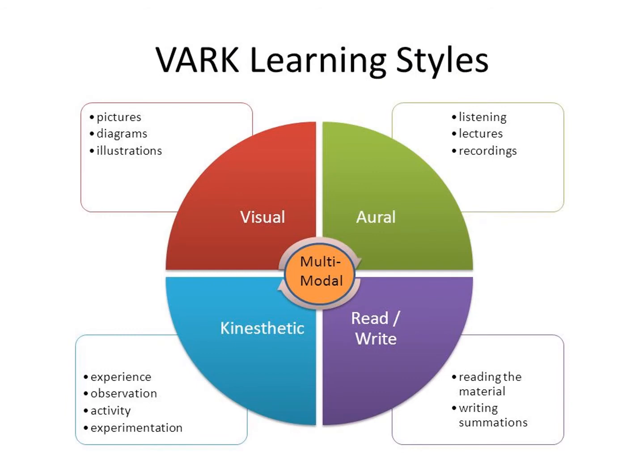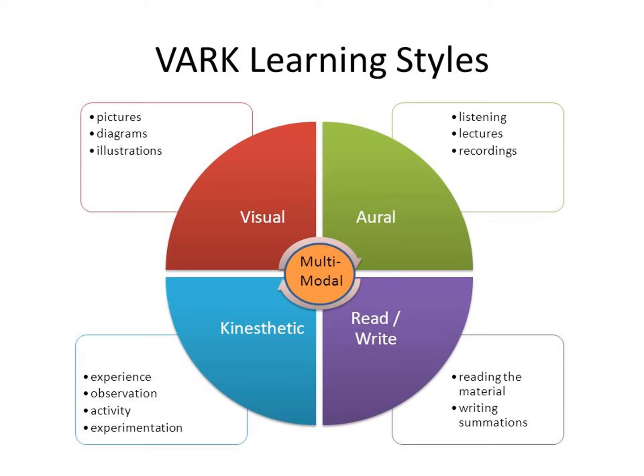So again, if you turn out to be a V or a visual learner, then you have a preference for pictures, diagrams, and illustrations. If you turn out to be an A for oral or auditory learner, then you have a preference for listening to lectures, recordings, and anything that might be auditory.